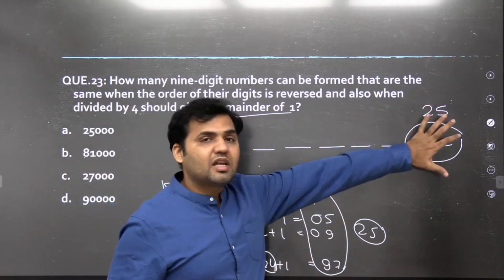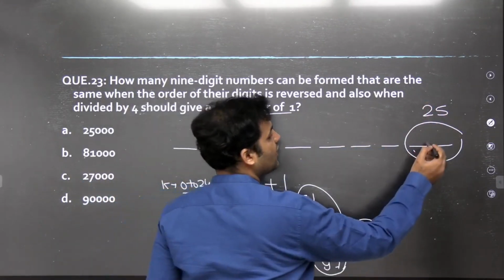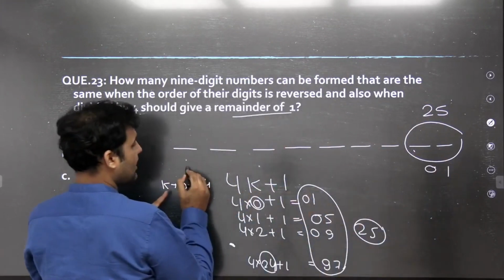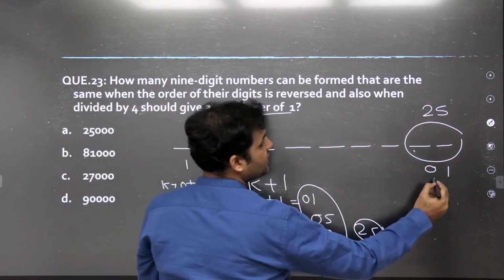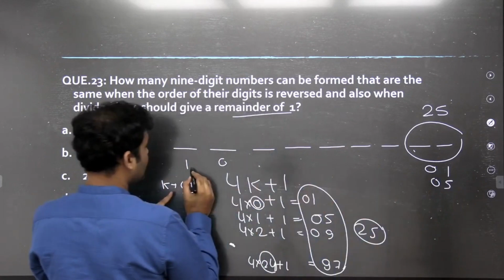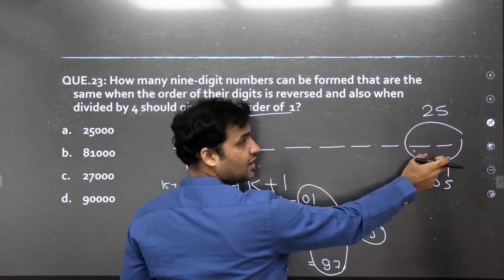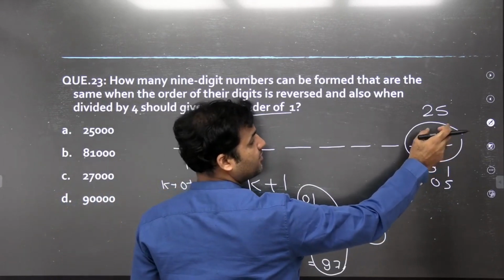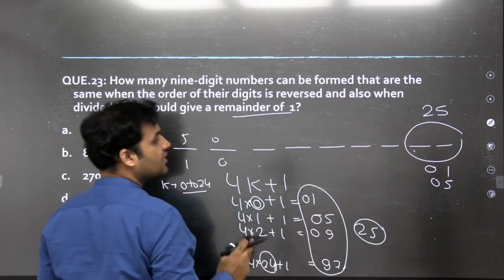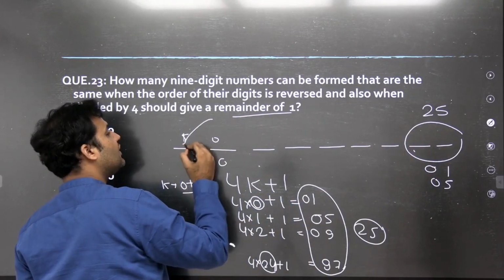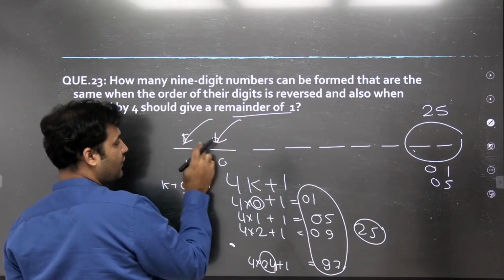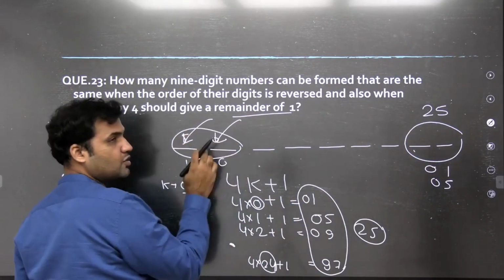Now whatever number comes over here, if I am placing 01 over here, I will have to place 1 and 0 over here. If I am placing 05 over here, I will have to place 5 here and 0 here. So the digits I place in the last two positions decide which digits come in the first two.